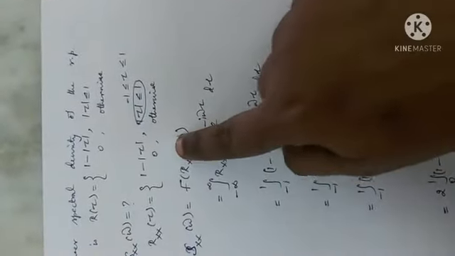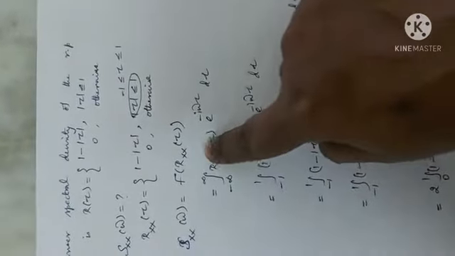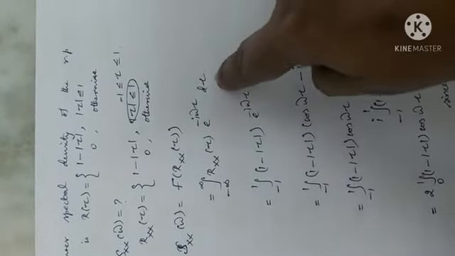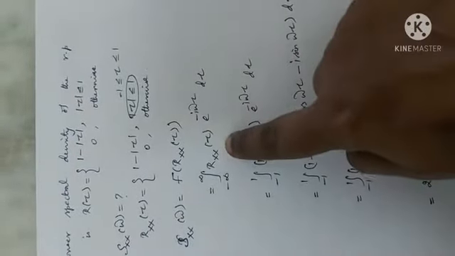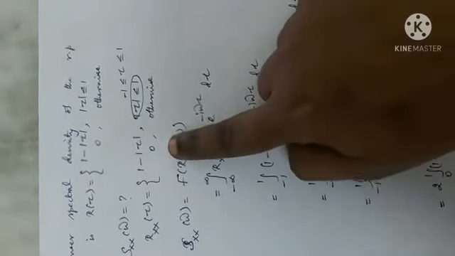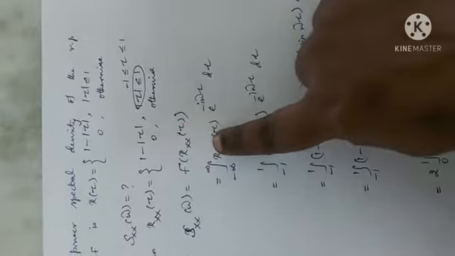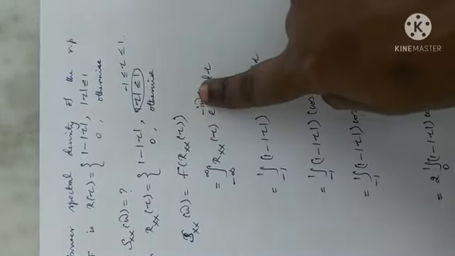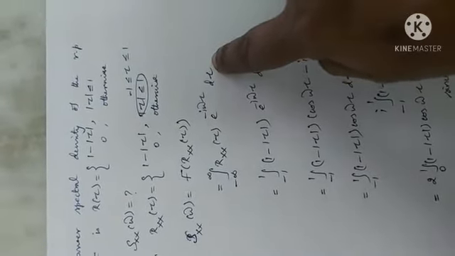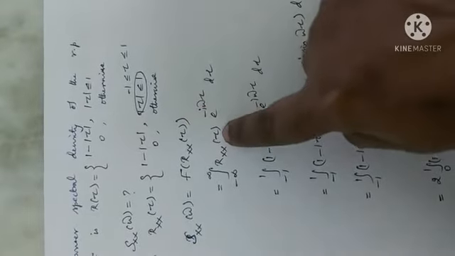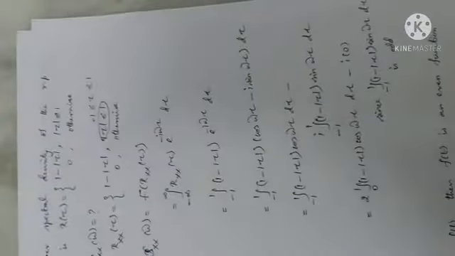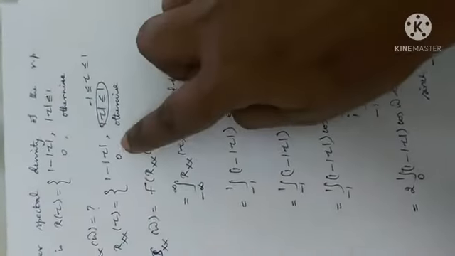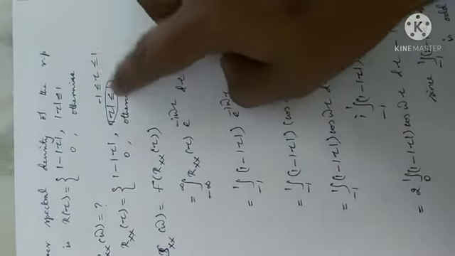The Fourier transform of f of t is the integral of f of t e power minus i omega t dt. The same formula. In place of f of t, I have Rxx of tau, and hence in place of t, I have tau. See, we have the function only in the interval minus 1 to plus 1.